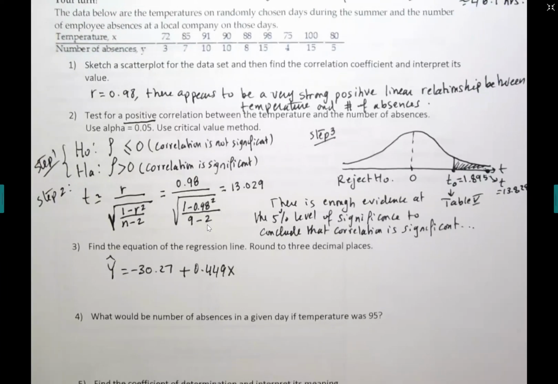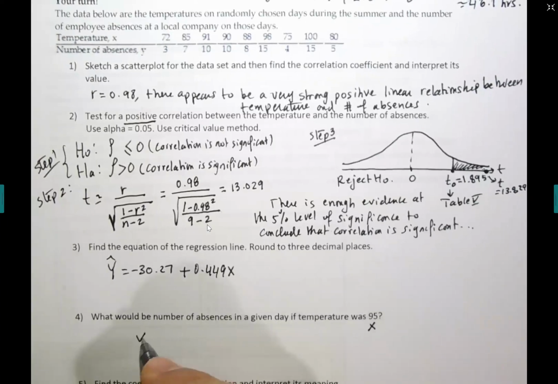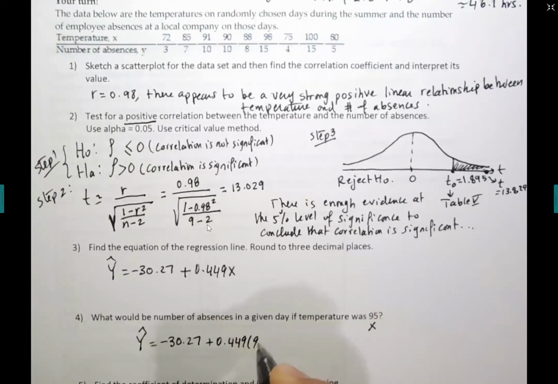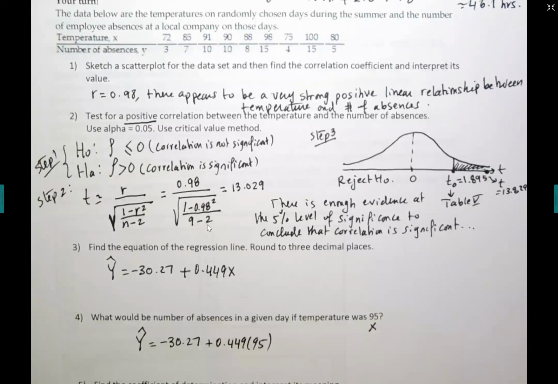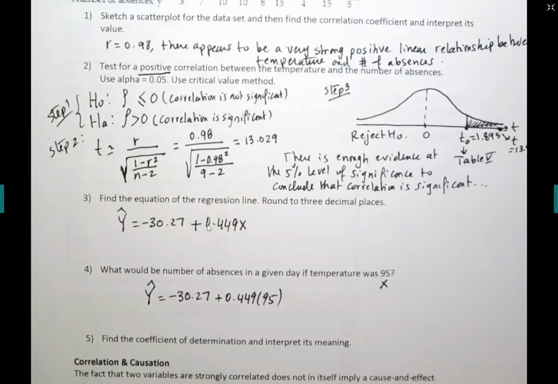And the next question, what would be the number of absences in a given day if the temperature is 95? So here we replace x with 95. So y hat would be negative 30.27 plus 0.449 times 95. Let's do the math on the calculator. Right, so quit.